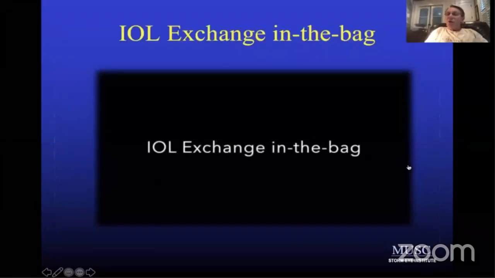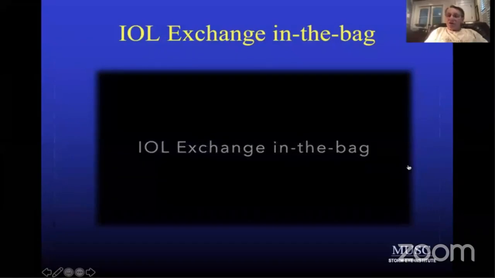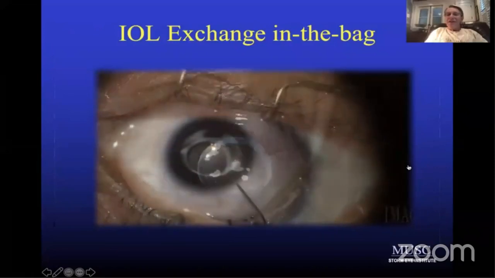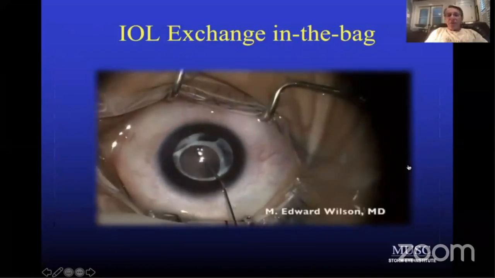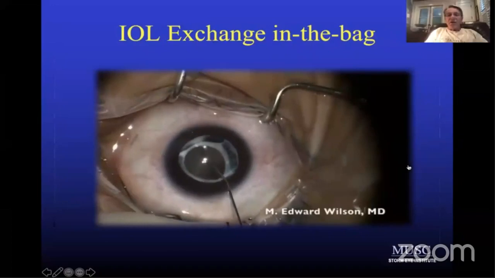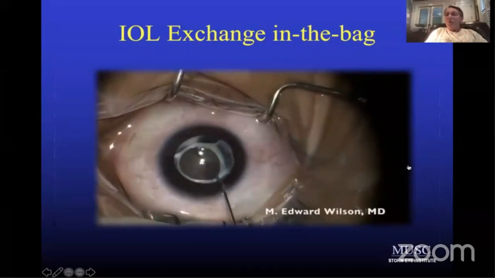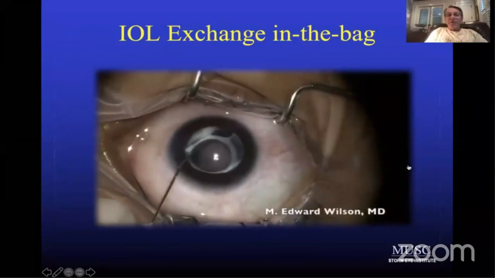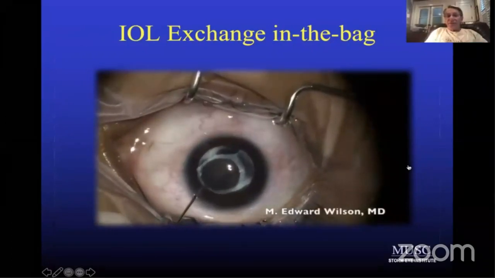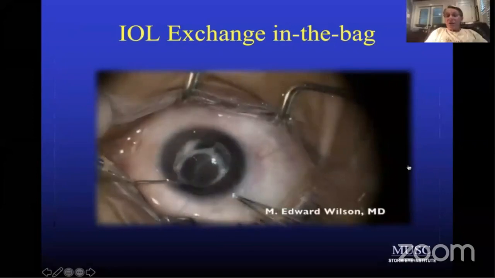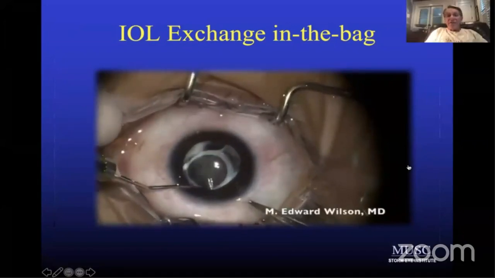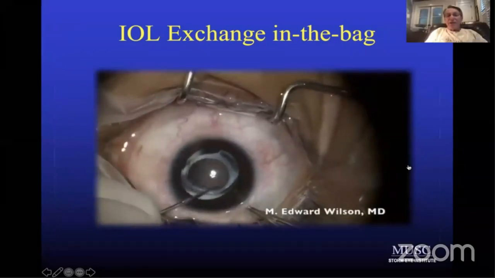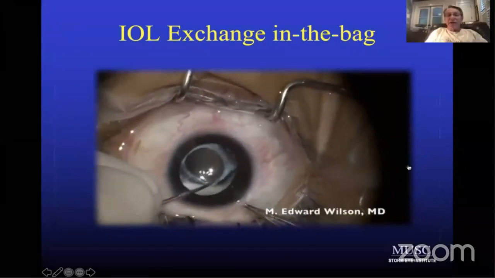I'm doing much more IOL exchanges, and that's because in young children, we often leave an insufficient amount of hyperopia, and so they develop high myopia from the expected myopic shift. These cases can be difficult, and I think I've learned to manipulate these lenses out of the capsular bag.